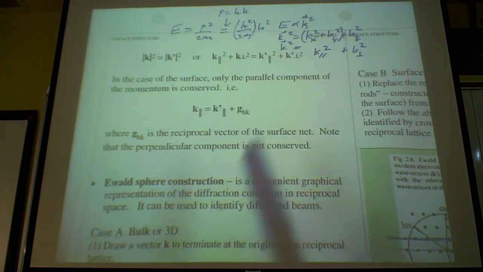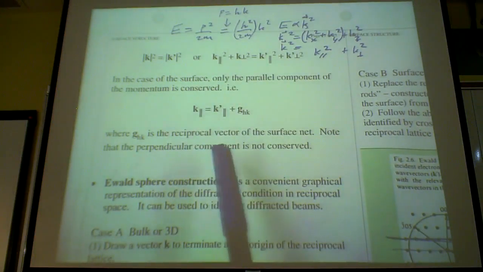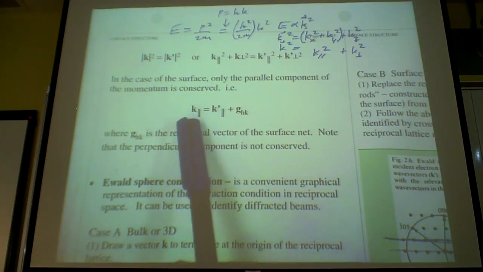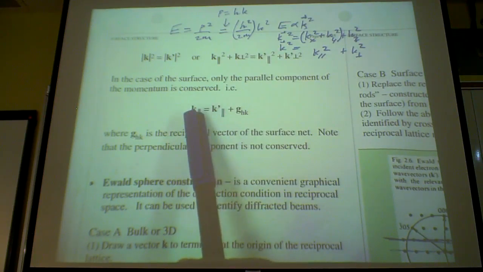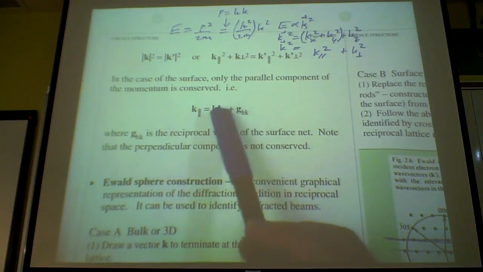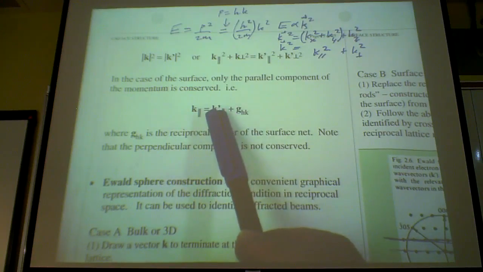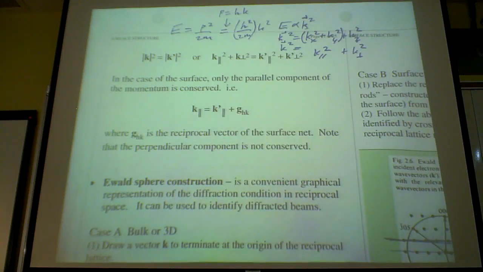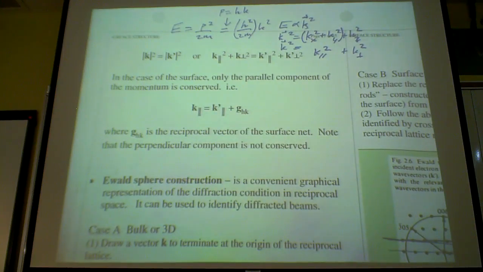So the conservation condition is that the parallel k on the surface, this parallel means on the surface, the incoming should be equal to the outgoing plus a residual lattice vector. The reason why you have plus residual lattice is because of the translational symmetry of the surface, because you have periodicity in the 2D dimension. So if you move a residual lattice vector, you have no way of knowing whether you have moved or not.